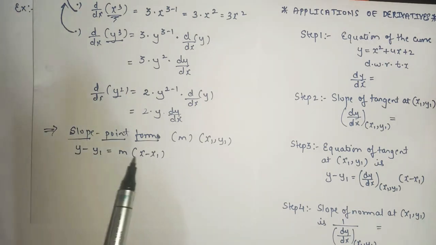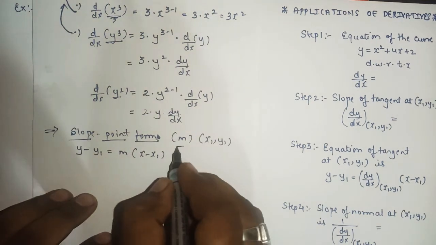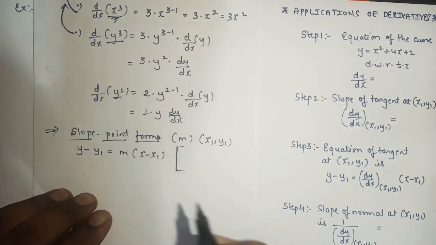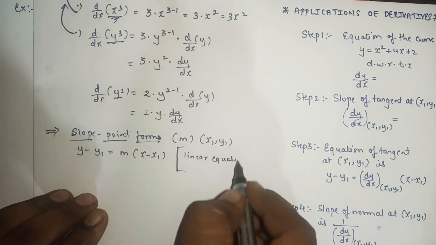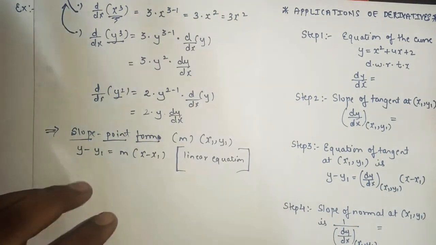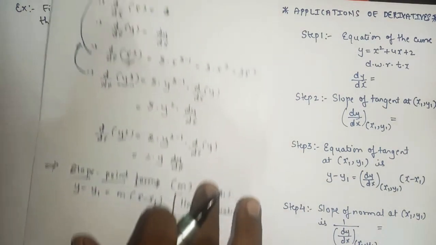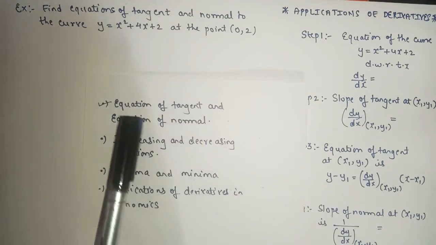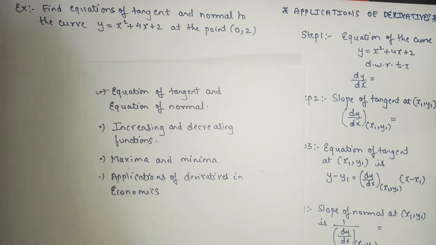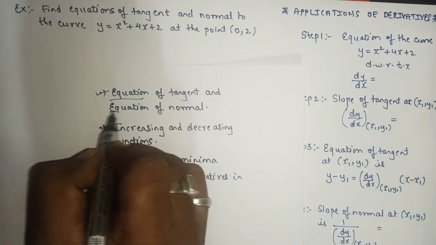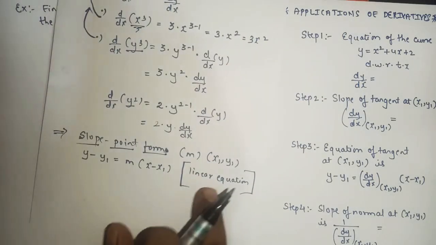Here y and x are part of the equation, and whatever equation you get will be in the form of a linear equation only. Remember this. Whenever in this chapter it says you have to find the equation, as your first exercise is based on the equation of tangent and equation of normal, the final answer for a tangent and a normal will be in the form of a linear equation.